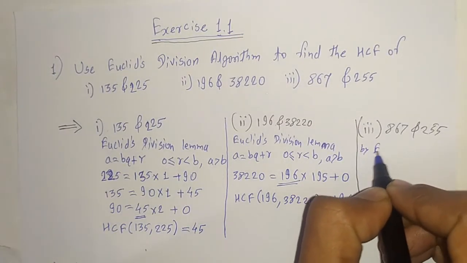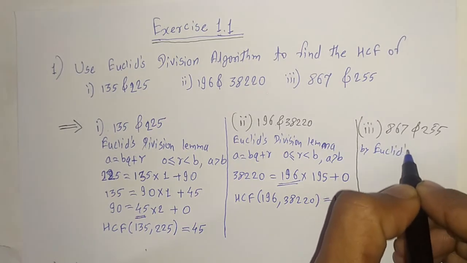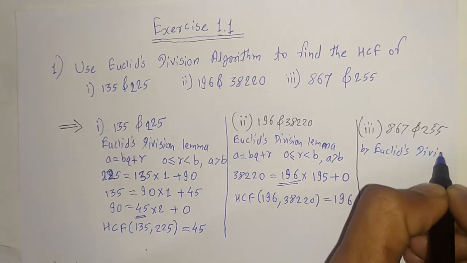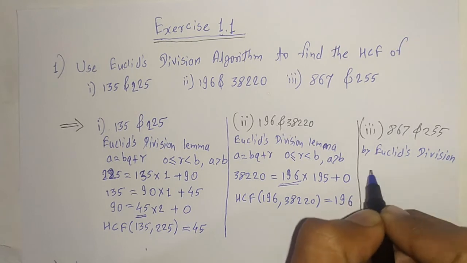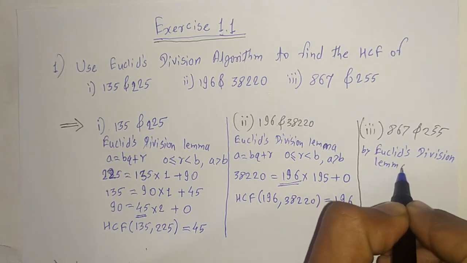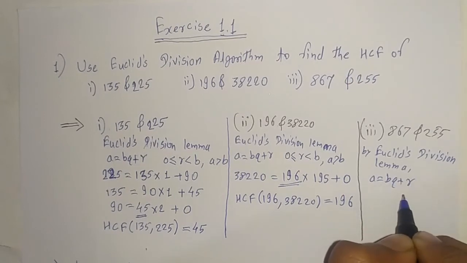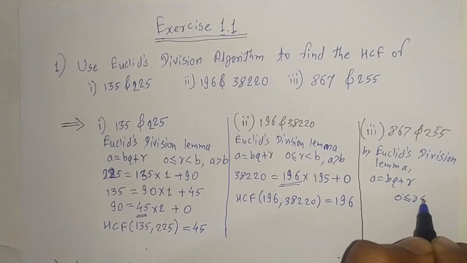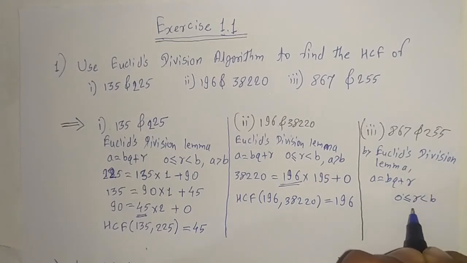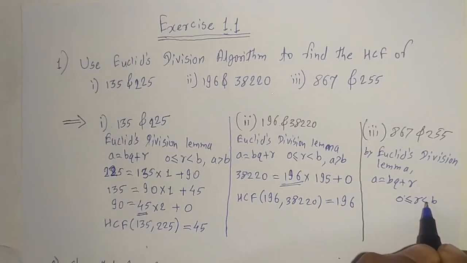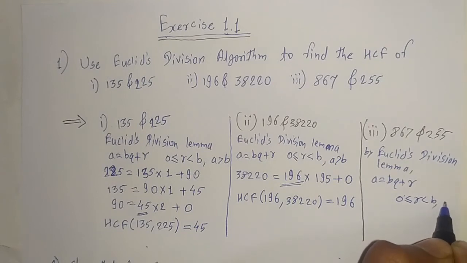By Euclid's division lemma, a equal to bq plus r, where 0 is less than or equal to r less than b, and a should be greater than b.